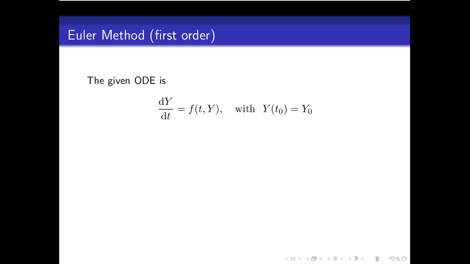So this is the problem again. dy/dt is equal to f(t, y) with y(t0) given as y0. What do we do? Our first task is to calculate y1, y at t1, that is y at t0 plus h.